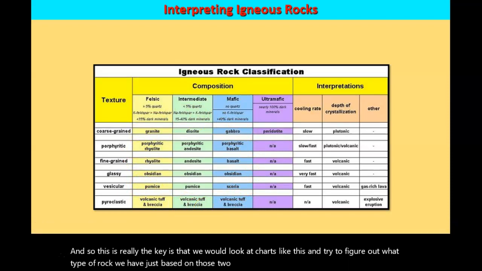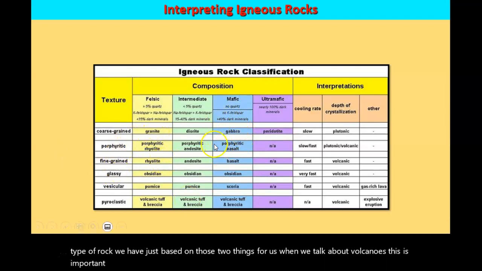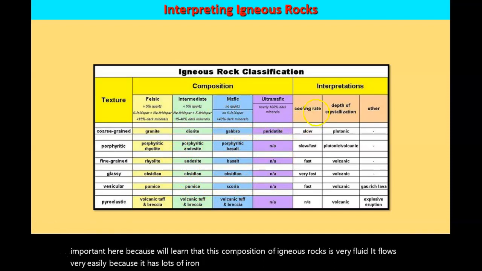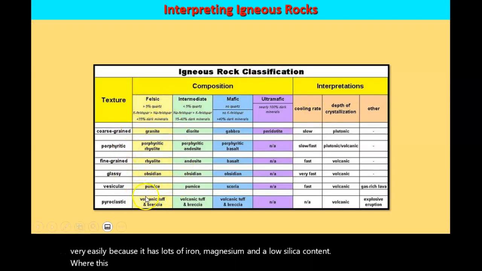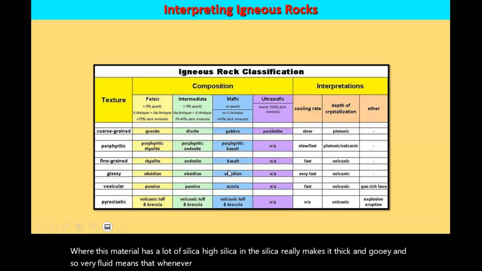For us, when we talk about volcanoes, this is important here because we'll learn that this composition of igneous rocks is very fluid. It flows very easily because it has lots of iron and magnesium and a low silica content, where this material has a lot of silica, high silica, and the silica really makes it thick and gooey. And so very fluid means that when you have an eruption, lava can flow very far, like in Hawaii.